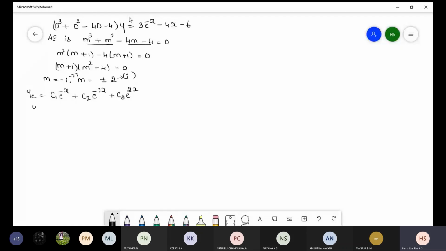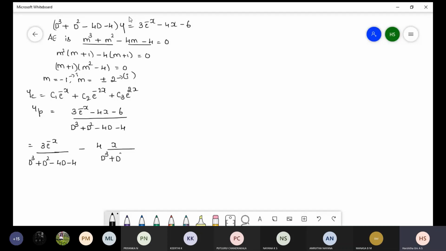Now write yp. yp is equal to 3 into e power minus x minus 4x minus 6 divided by D cube plus D square minus 4D minus 4. So I split this one: e power minus x over D cube plus D square minus 4D minus 4, minus 4x divided by D cube plus D square minus 4D minus 4.